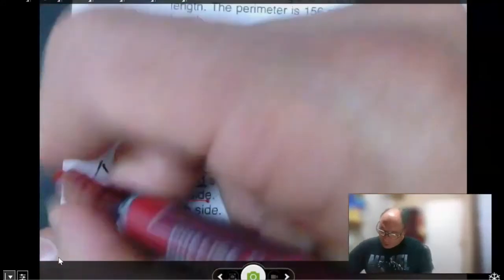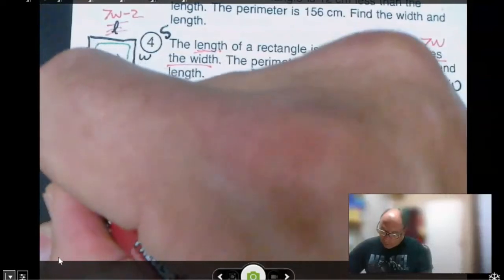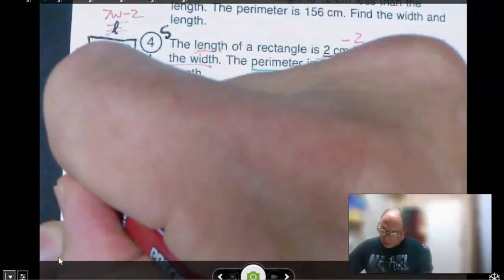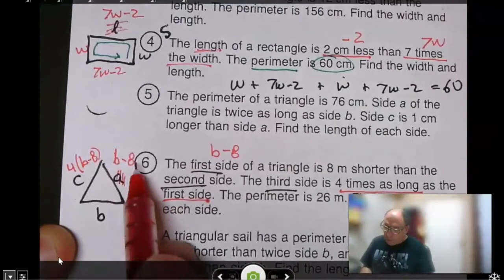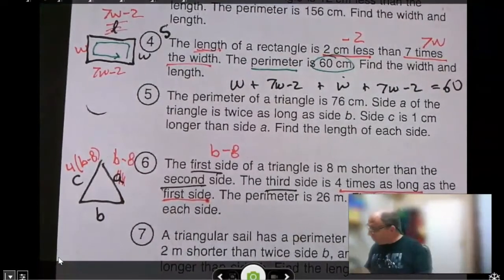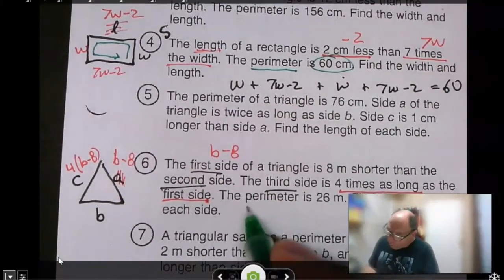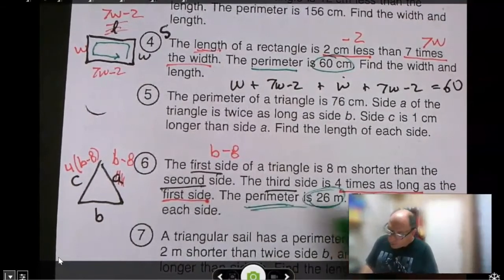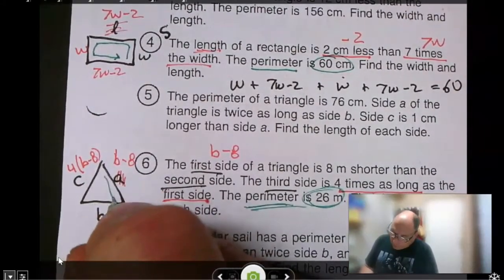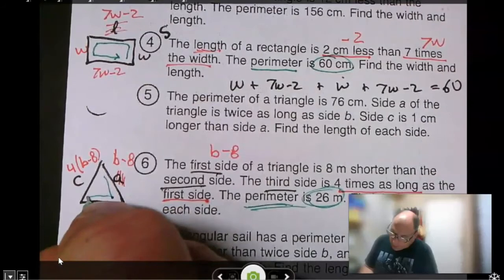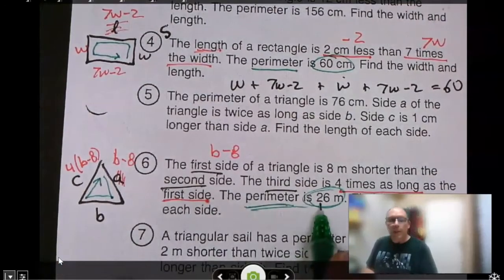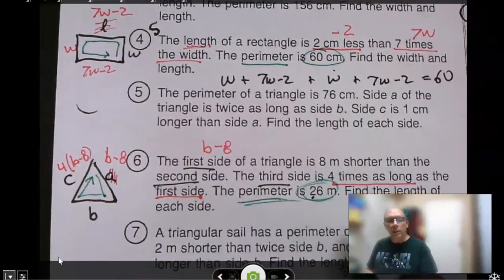And side C is 4 times longer. And so this gets really interesting. Now we've got our parentheses, 4 times longer than that first side, which is now B minus 8. See how that works? And so now our perimeter all the way around was 26 centimeters. So the first side plus the second side plus the third side is going to equal 26 meters.